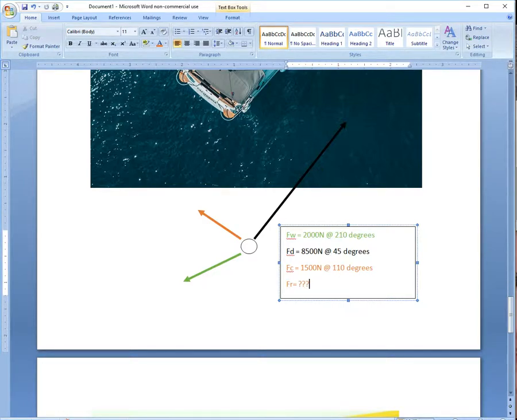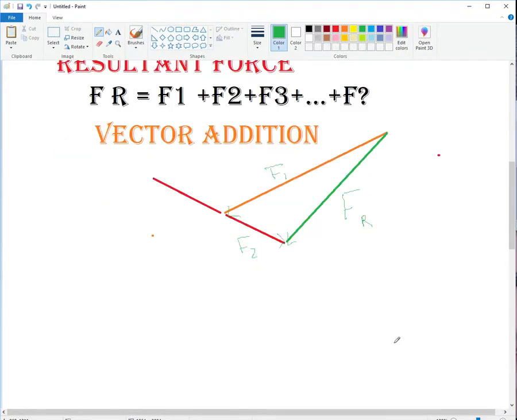In order to solve for this resulting vector, we now have to use algebra and trigonometry and figure out all the angles associated with it. I can't do it on the Word document, so I'll go back to this one and slide it down a little bit.